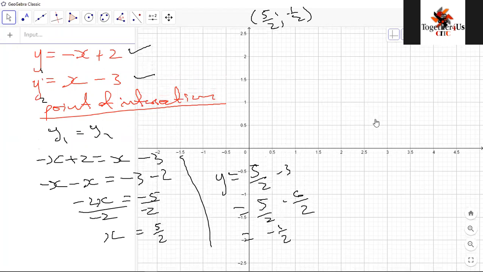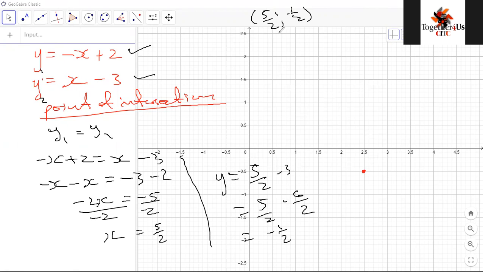So there come my decimals. So I'm looking for this point of intersection. We have agreed it must be 2.5, it's here, and a minus a half. So this red one should be the point where the two graphs meet.